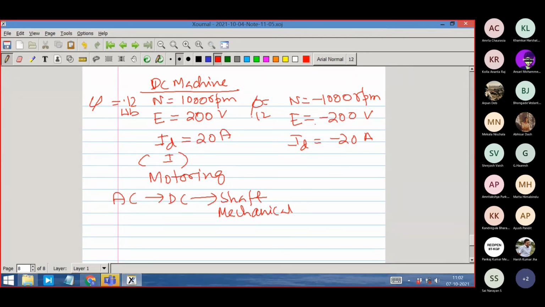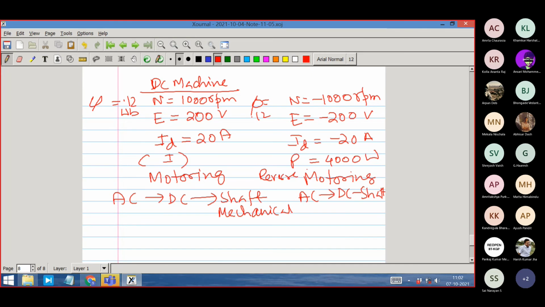This again means power is equal to 4000 watt, which means again the motoring zone. Again power is flowing from AC to DC to the mechanical shaft. Only thing is, it is reverse motoring. We call it reverse motoring.